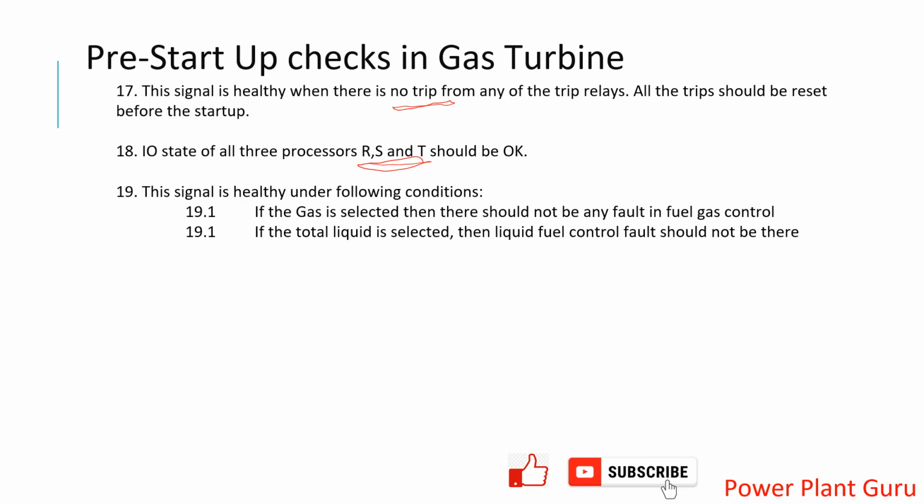The next one is very trivial: depending on which fuel you are selecting, if you are selecting gas fuel, there should not be any fault in the gas control scheme, GCV, SRV, or any pressure related item. Or if you are selecting liquid fuel, there should not be any fault on the liquid fuel side.